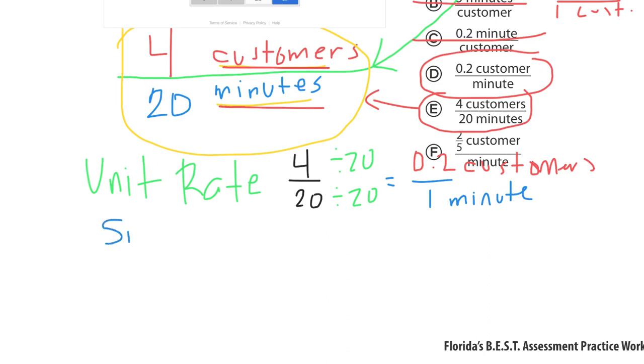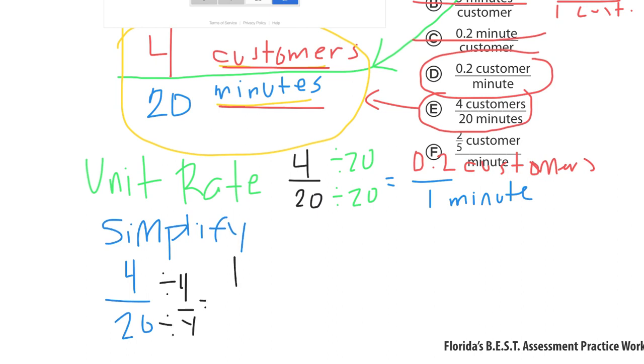If we simplify 4 over 20 by dividing by 4, we get 1 over 5. So we're supposed to have 1 over 5 over 1 minute. And that is not this one. So this one is not the answer.